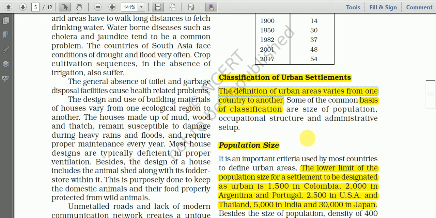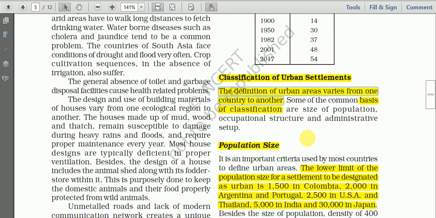Settlements can be differentiated in terms of rural and urban, but there is no consensus on what exactly defines a village or a town. So it implies that the definition of urban areas, or villages, varies from one country to another country.